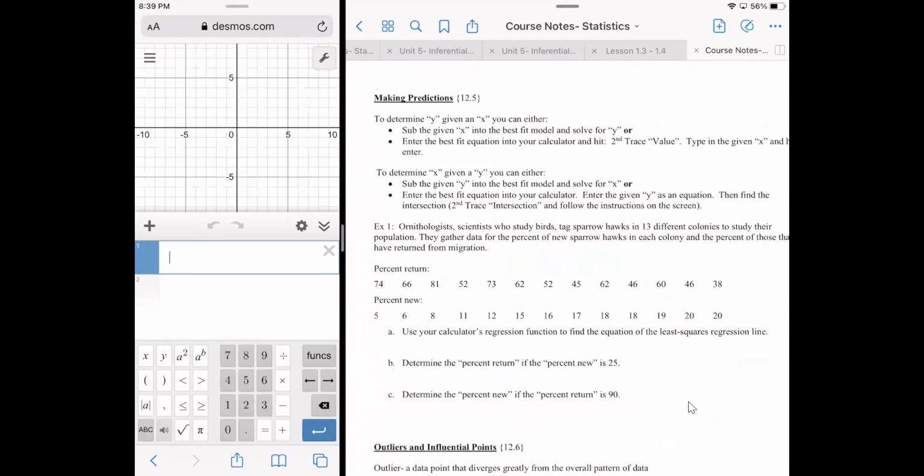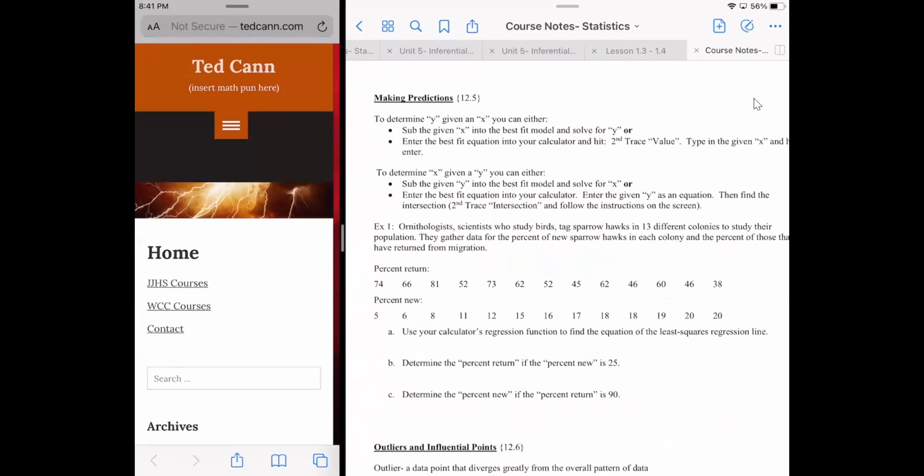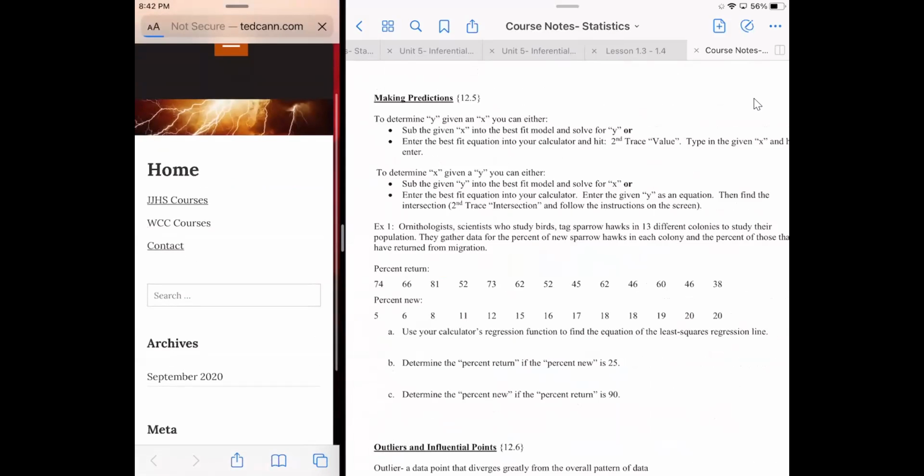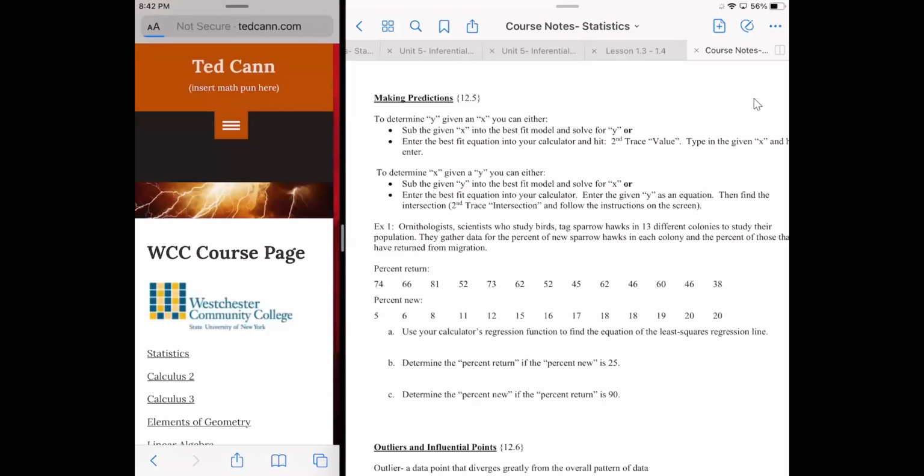All right. So what we need to do is create the graph for these data points. I sent out that one link on Remind on how to get started with regressions, because it's pretty important. It's kind of a non-starter if we don't have access to that.